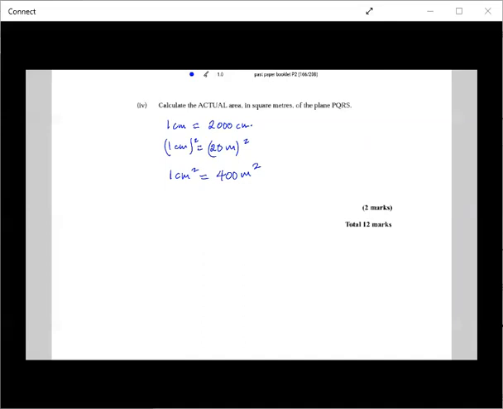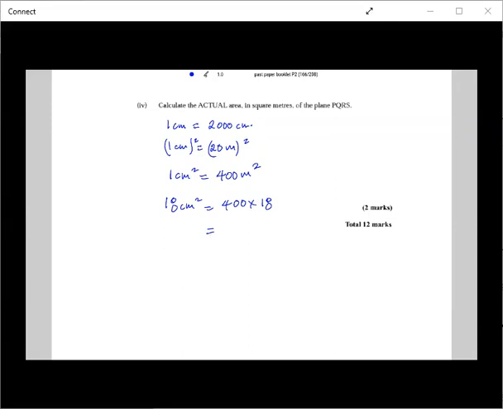So now the area on the map is 18 square centimeters. So this is going to be equal to 400 times 18. Remember, 1 square centimeter is 400 square meters. So 18 square centimeters would be 18 multiplied by 400.